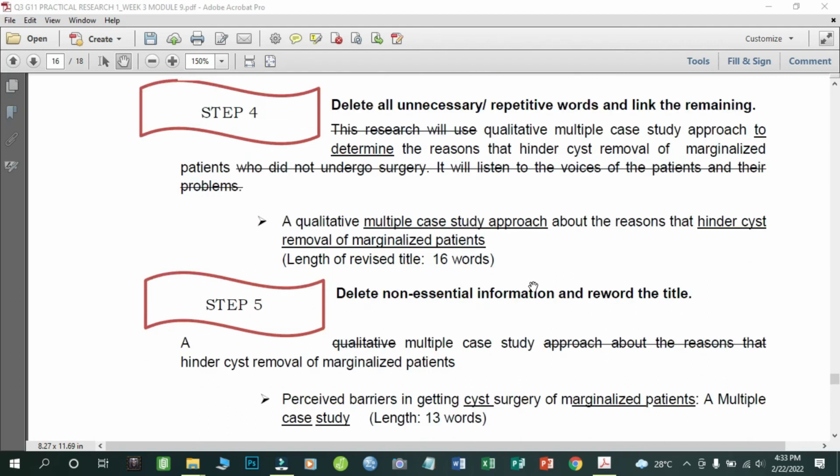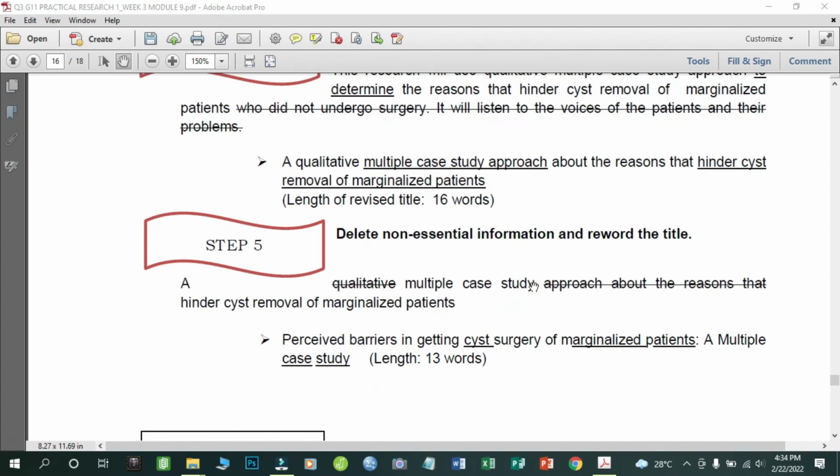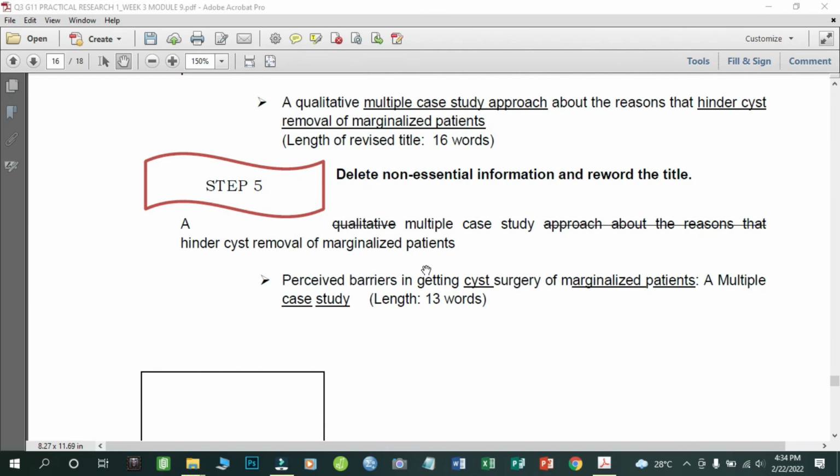It is 16 words, so we need to revise it further. So step 5: delete the non-essential information and reword the title. This is our final title: Perceived Barriers in Getting Cyst Surgery of Marginalized Patients, A Multiple Case Study.